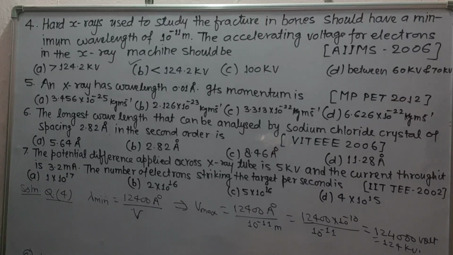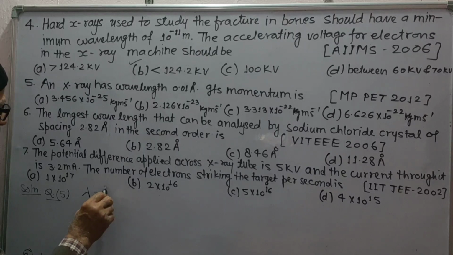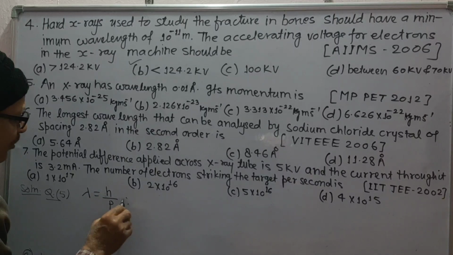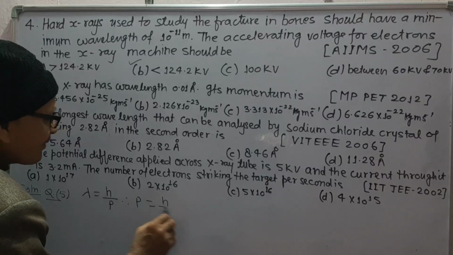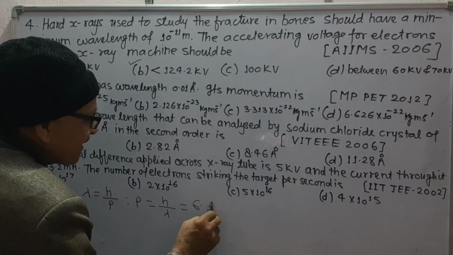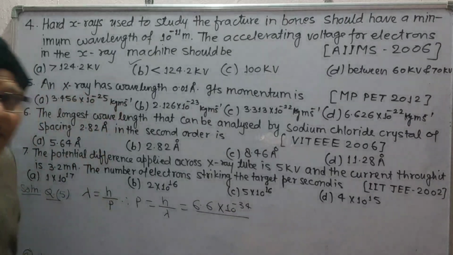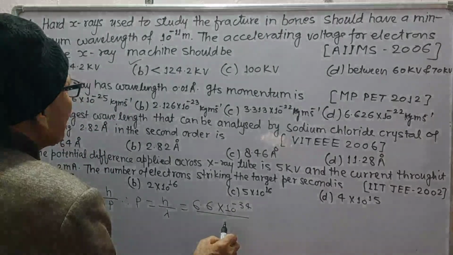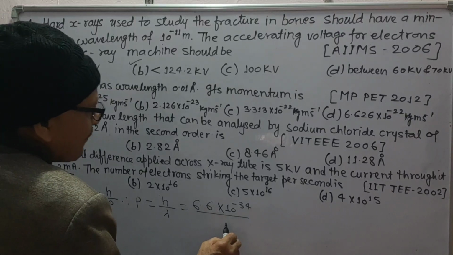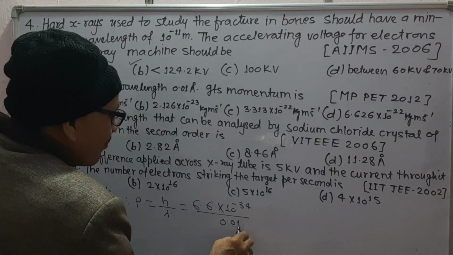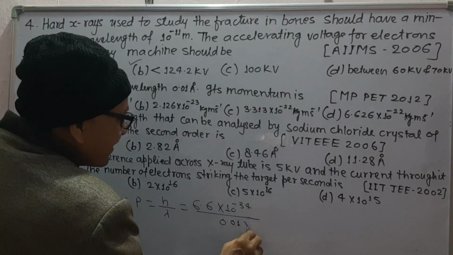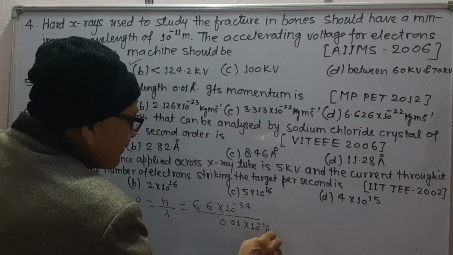The question is, an X-ray tube has wavelength 0.01 angstrom. Its momentum is, these are the options. So, solution to question 5. de Broglie wavelength lambda is equal to h upon p. Therefore, p will be equal to h upon lambda. H may be written as 6.6 into 10 to the minus 34, and lambda is given to be 0.01 angstrom, means 10 to the minus 10.